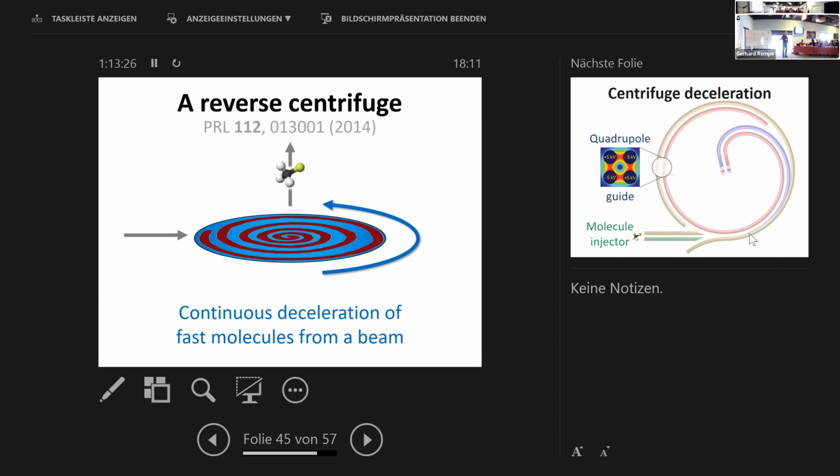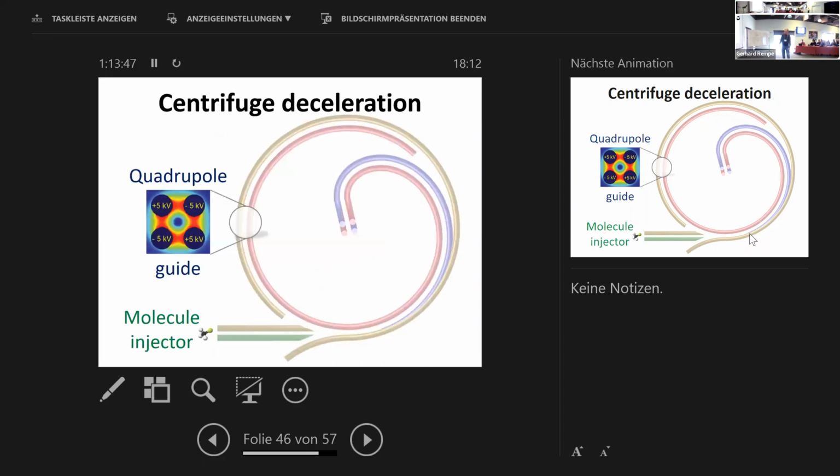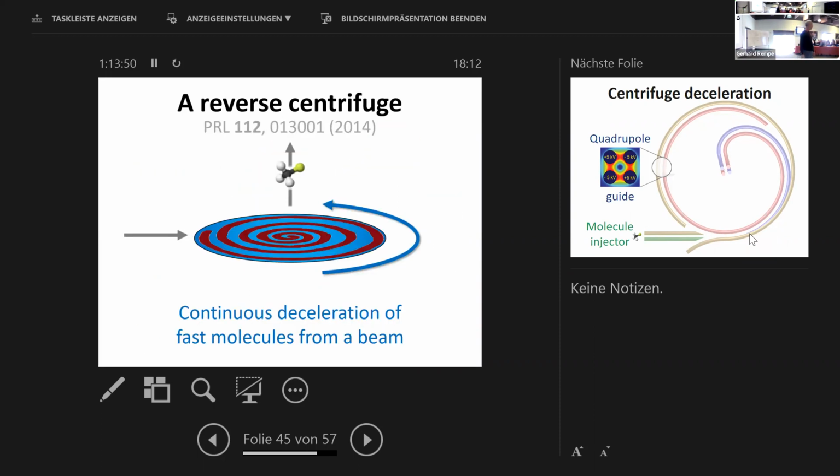That means it doesn't gain kinetic energy on axis. So that allows us to continuously decelerate molecules, to operate continuously. The molecules are continuously coming, they're continuously picked up by the disk, and they continuously leave. How it works in practice, I guess I'll show you tomorrow. Thank you very much.